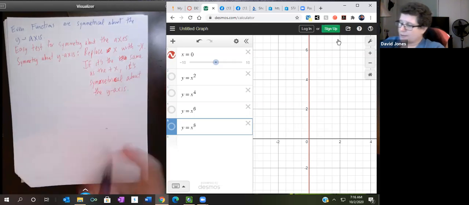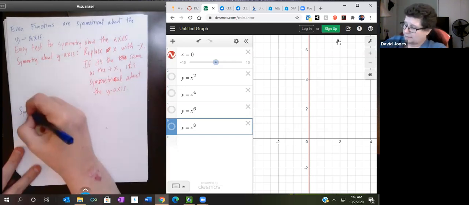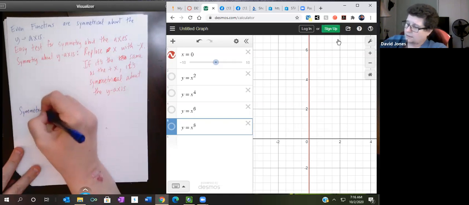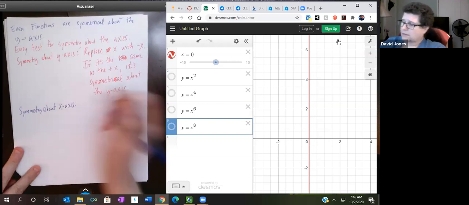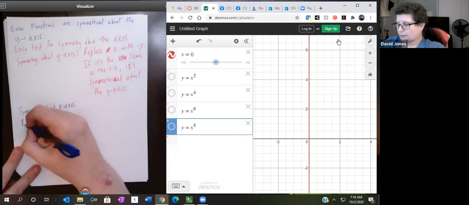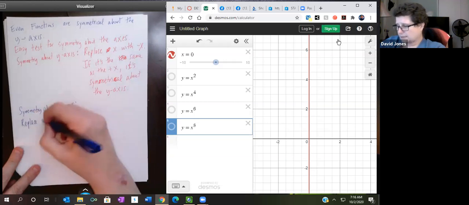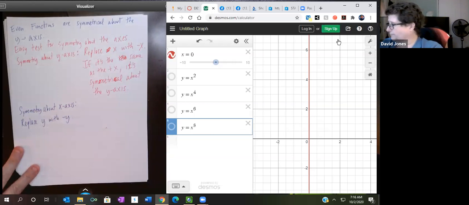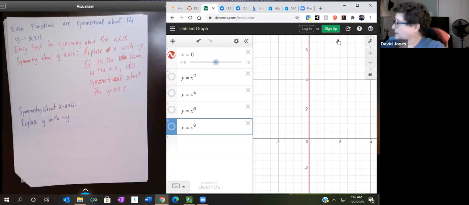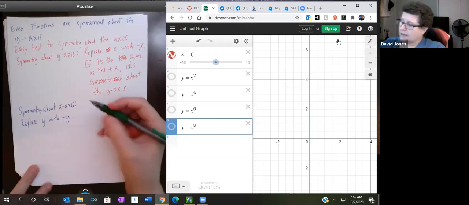And if I want symmetry about the x-axis, here we're going to replace y with negative y. So this is what I mean by doing the test.